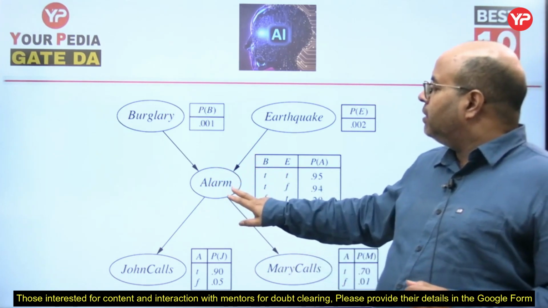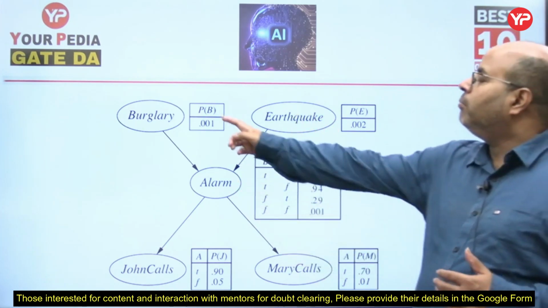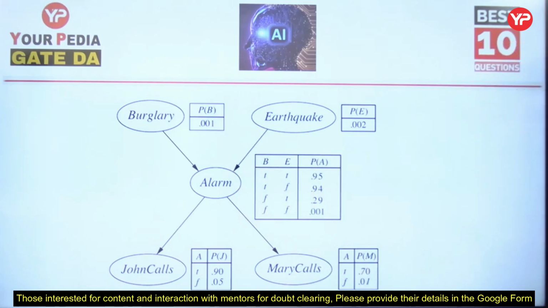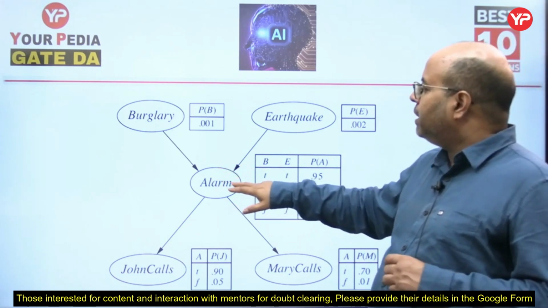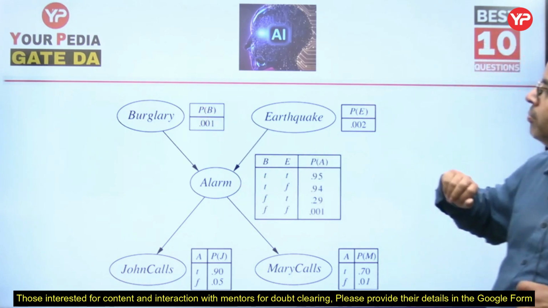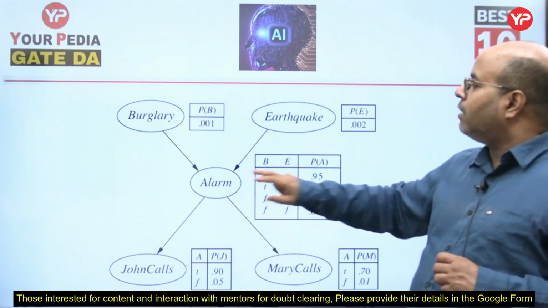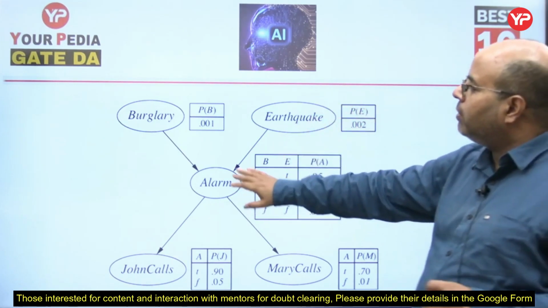That alarm buzzes when a burglary happens. Basically, he wants to stop burglary at his home. He has gone to some outside place. So when the alarm rings, it means a burglary; but this alarm can also buzz if an earthquake occurs. Due to an earthquake, whose probability is very low, the alarm can also happen. Otherwise, if a burglary happens, then the alarm will happen.